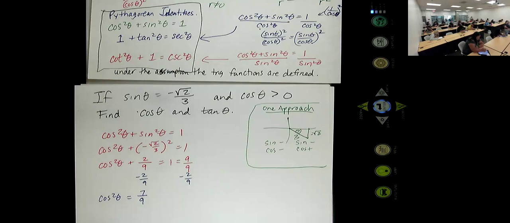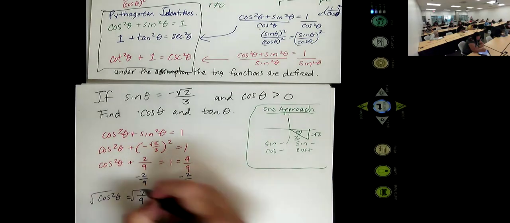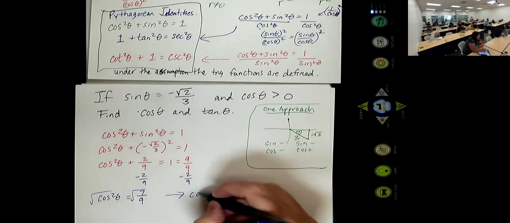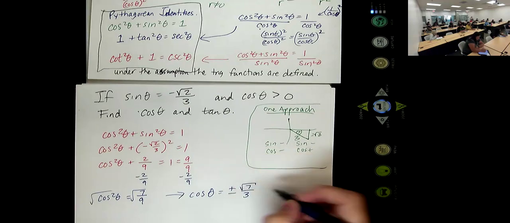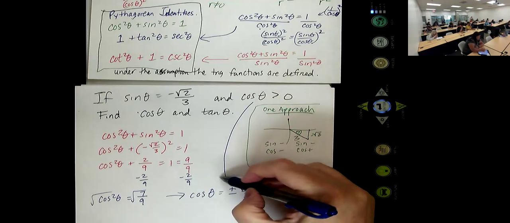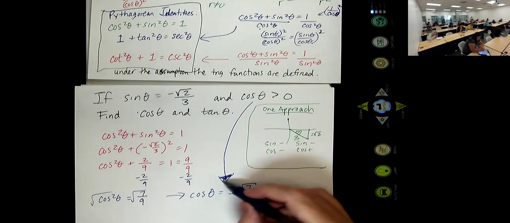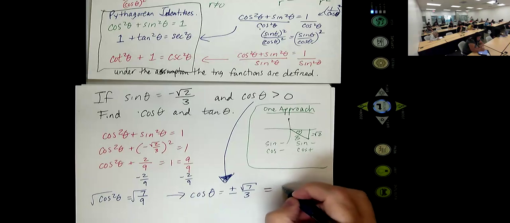Take the square root of both sides. So cosine theta equals, normally it would be positive or negative, square root of 7 over 3. But this is where we make sure we say, okay, cosine was positive. So just the positive one.